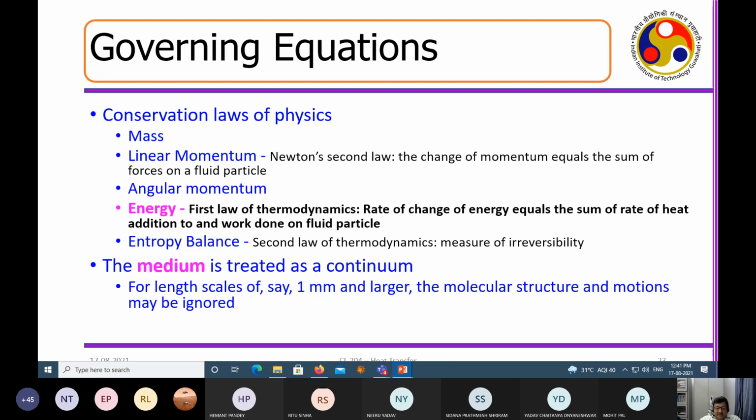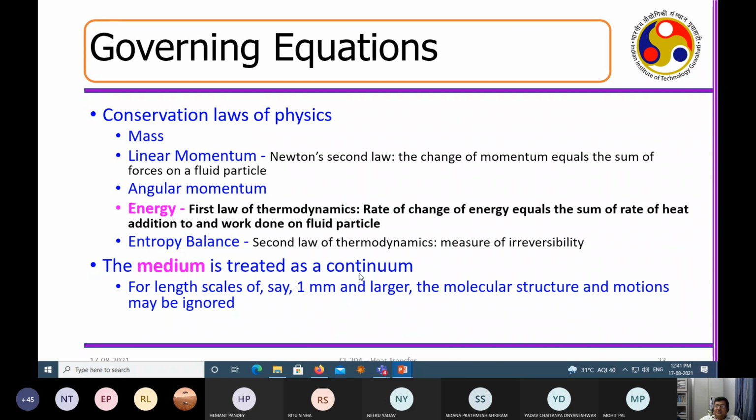So what are the conservation laws of physics? First, you conserve mass, then you conserve momentum, then the conservation of momentum leads to force balance. The conservation of linear and angular momentum leads to force balance. That we are going to discuss. Then you have the energy conservation, right? And the medium needs to be a continuum.